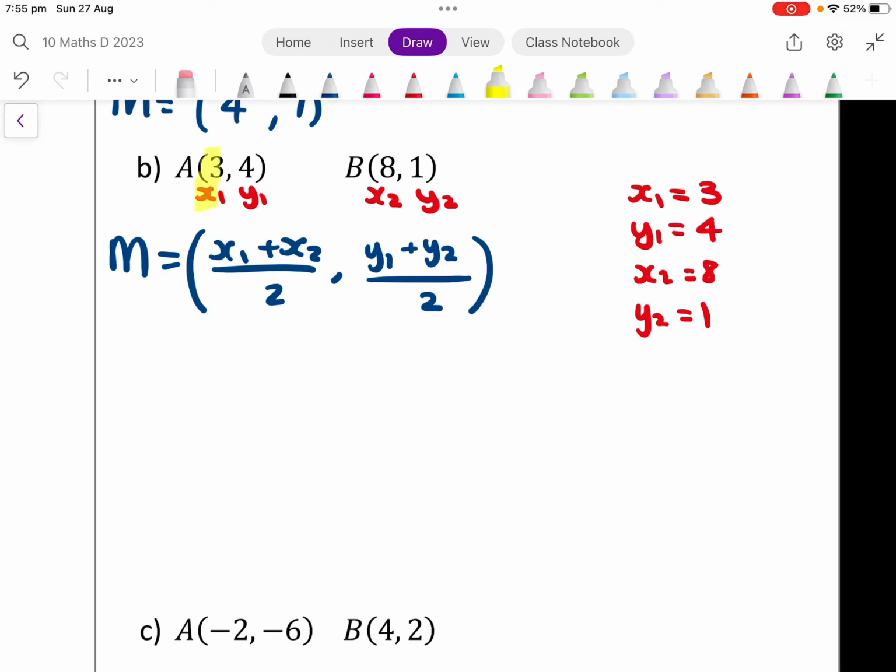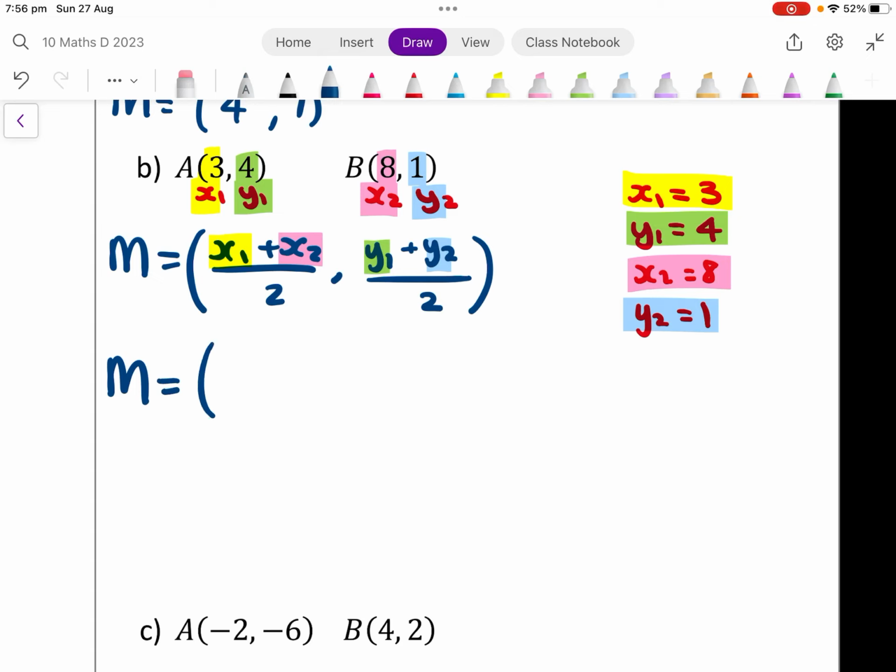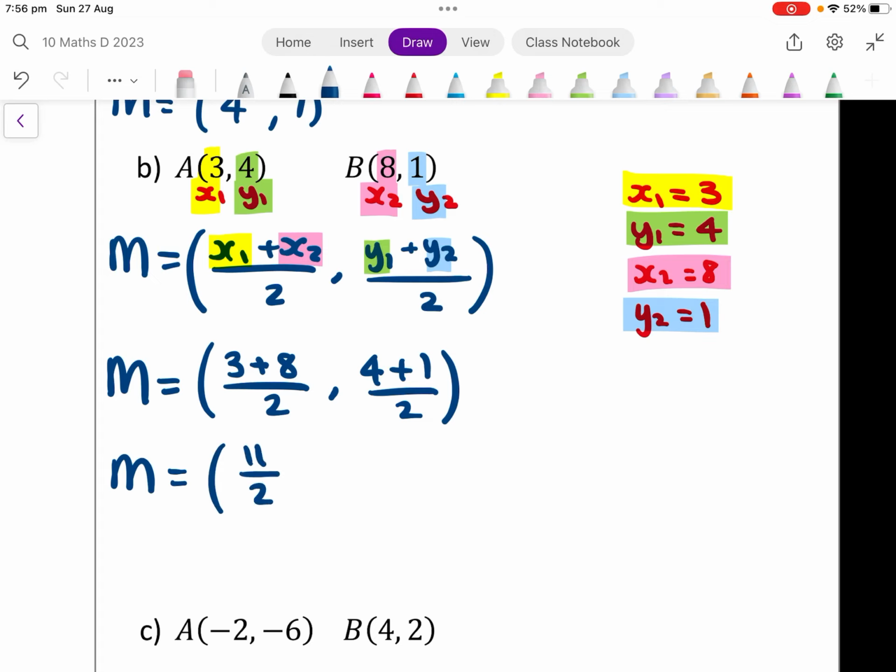Now we're going to want to substitute these into our formula. So we'll have that m equals 3 plus 8 all over 2 and 4 plus 1 all over 2. So we get that m equals 3 plus 8 is 11 divided by 2, and we have 4 plus 1 is 5 divided by 2.